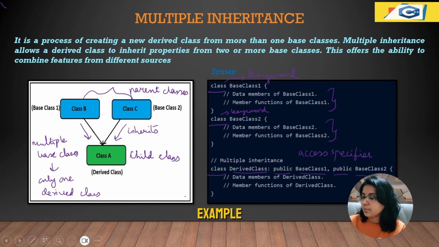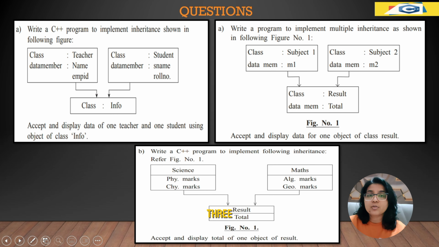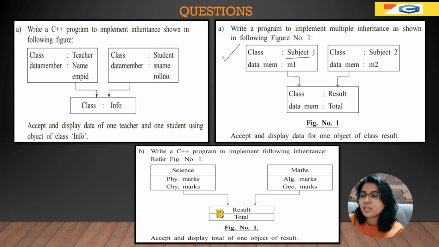Now we will see the example. So I have 3 questions. I'll show the second one. As you can see, we have 2 classes, that is subject 1 and subject 2. I have data members M1 and M2, right? I have a derived class, that is result, with a data member total.